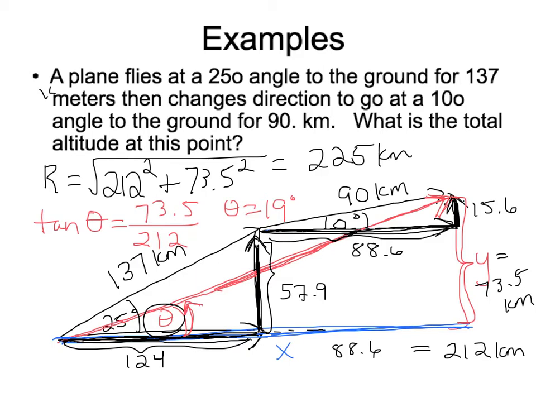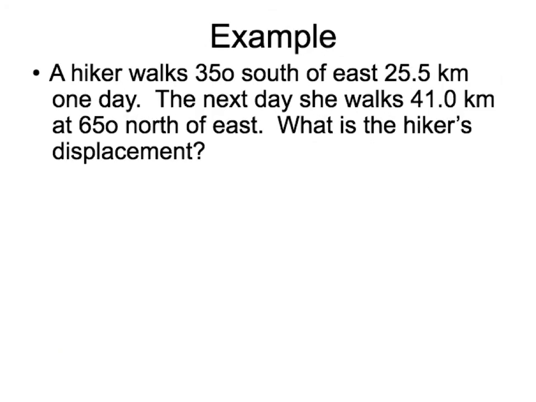Okay, let's do one more in this sequence. Let's say that we have a hiker that walks 35 degrees south of east for 25.5 kilometers one day. So what I'm trying to do here is a 35-degree angle, and they walk 25.5 kilometers.